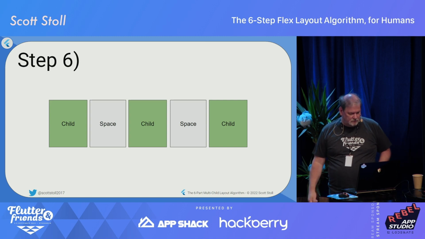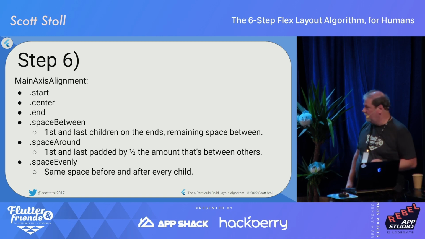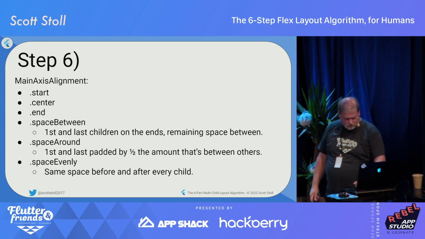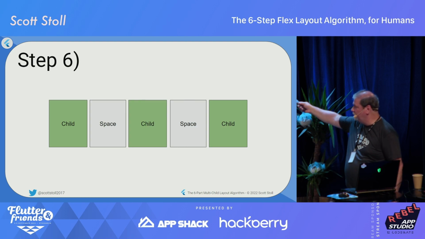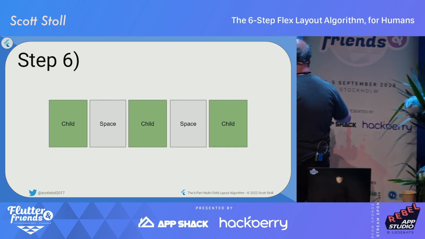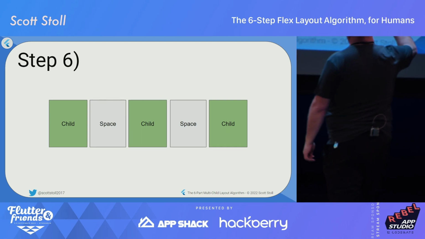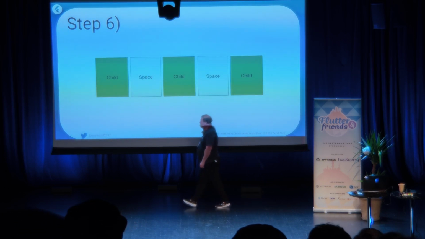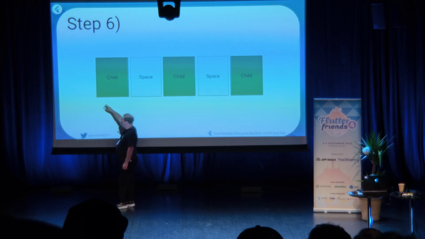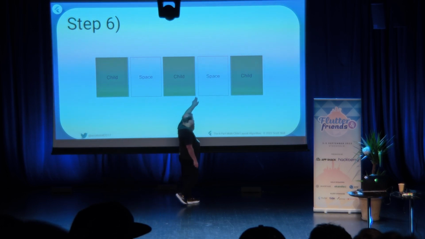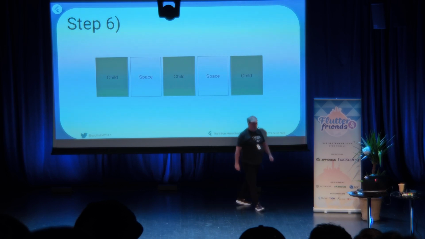So let's take a look at space between. What we're going to be doing here is we take all of the space that's not being used, we put this one on the very end, and we put this one on the very end. Then all the space that's not being used is evenly divided for space between.